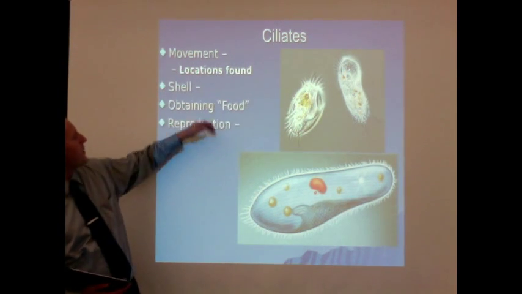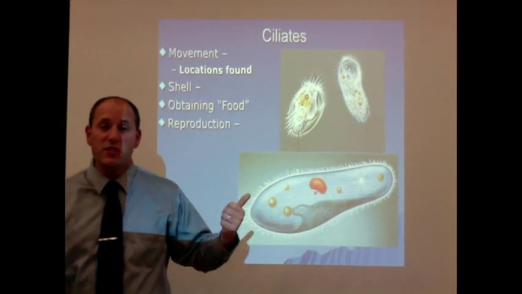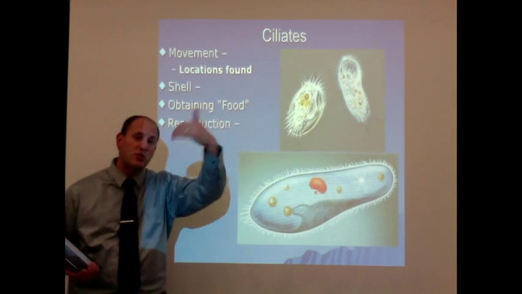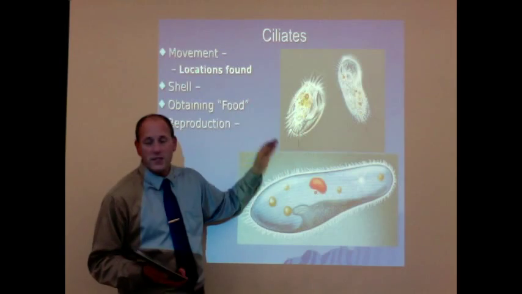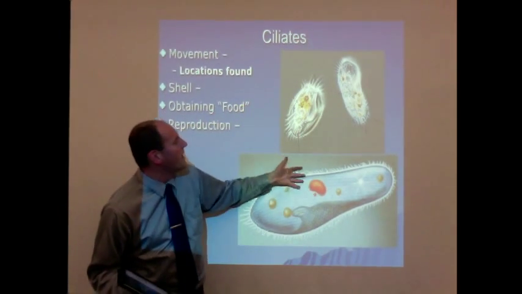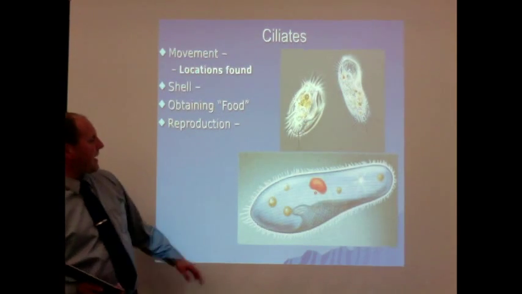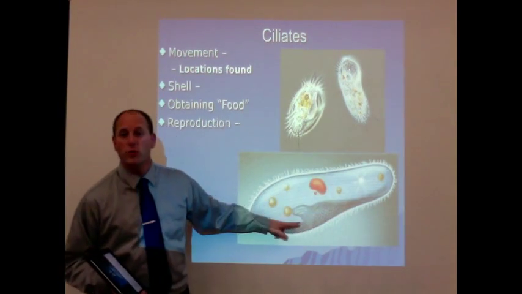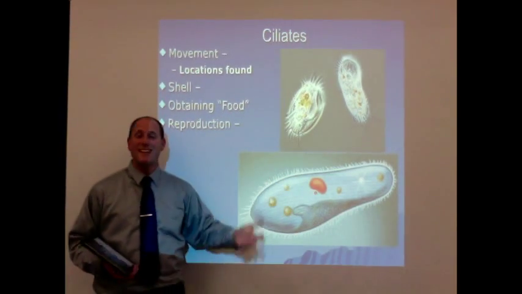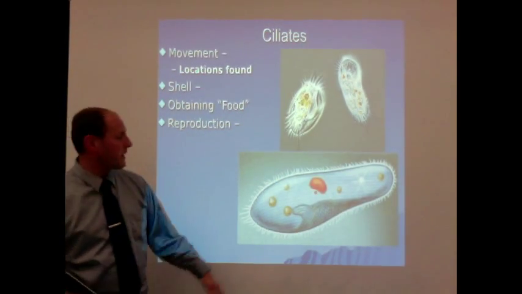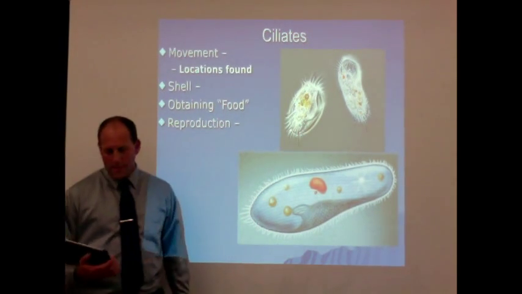Food-wise and reproduction, these organisms use their cilia to capture that food, to help sweep it towards the organism. So they're moving the cilia back and forth, and it creates a current, bringing water and therefore food particles closer and closer to them. And they therefore are heterotrophic, do not do photosynthesis. Reproduction-wise, again, it's one single cell. So these particular organisms do reproduce asexually through that process of mitosis.